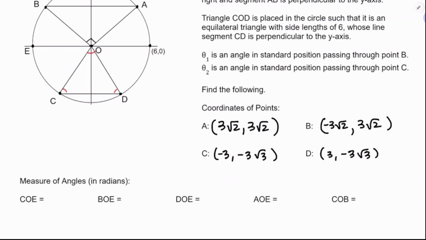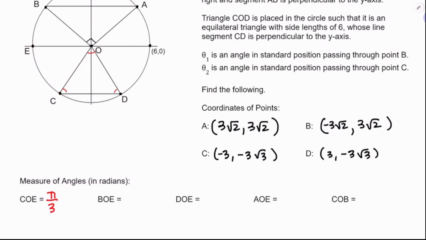Now the measure of each of the angles in radians. All right, COE. So we're talking about this angle here. We determined that was a 60-degree angle above pi, and 60 degrees is pi over 3, so I'm going to call that pi divided by 3.